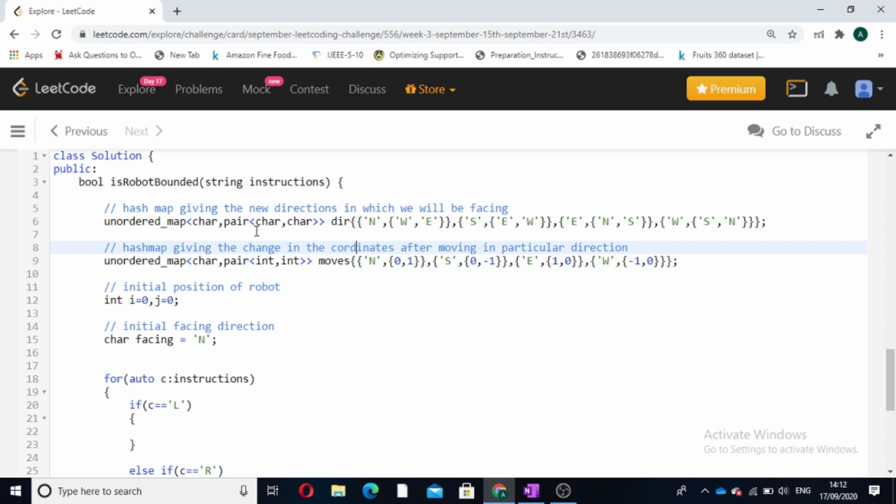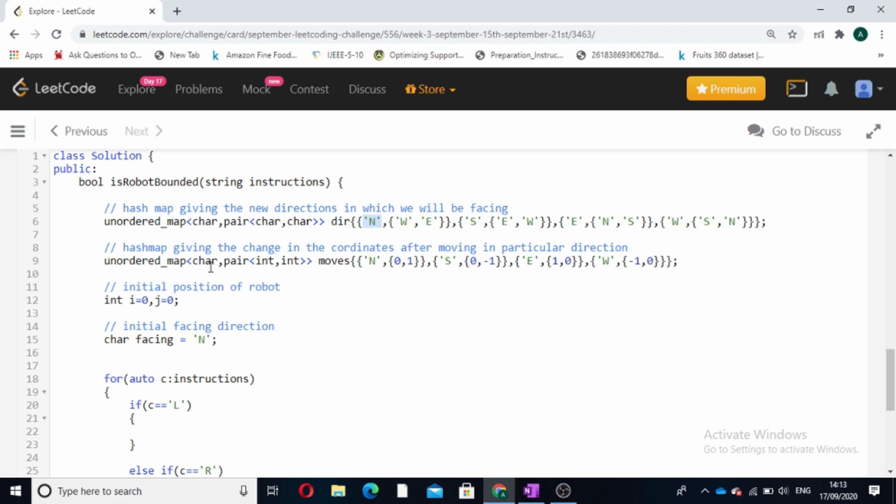The first value of the pair gives the direction when we encounter a left, and the second value of the pair gives the direction we will be facing when we encounter a right. So this was the first hash map, and the key is the direction in which we are initially facing. Now the second hash map.